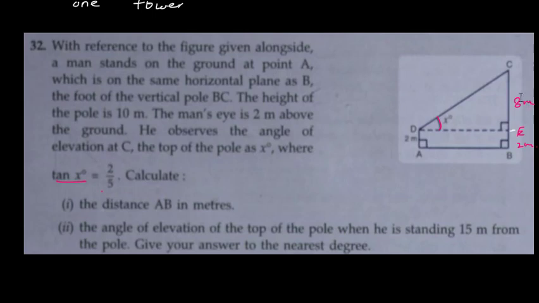So I can find out the value of tan x, and from that, using the table given at the back of the textbook, I can find out the value of x. So this is a little challenging problem, but I'm pretty sure that you can do it. Therefore try this problem and comment. If you are unable to solve, then I will show the solution.